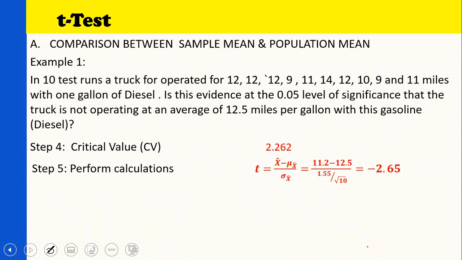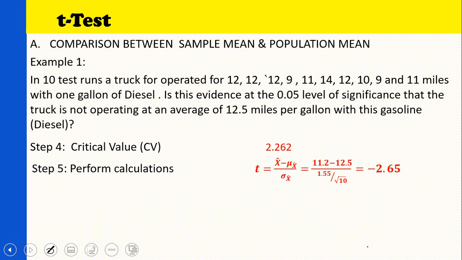And how about for the calculations? All we have to do is use the formula, which is t equal to x bar minus the mu over the standard deviation over square root of n. So we have 11.2 minus 12.5 over 1.5055 over square root of 10. Okay.